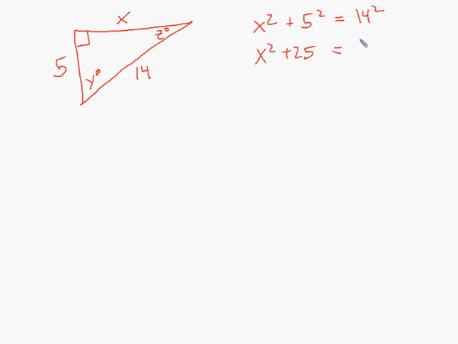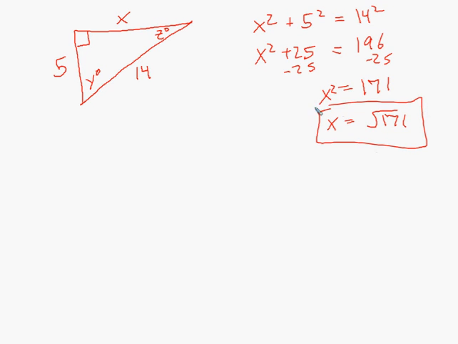What's 14 squared? 196. Now we subtract our 25, and we take the square root. We can leave it as the square root of 171, and if we're told to round to the nearest tenth or hundredth, we go ahead and do that. We found x.